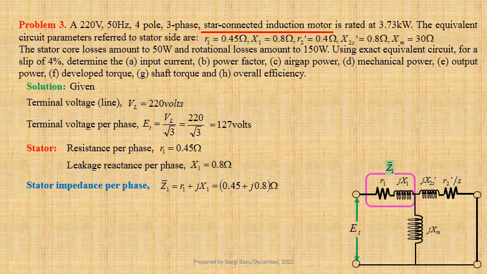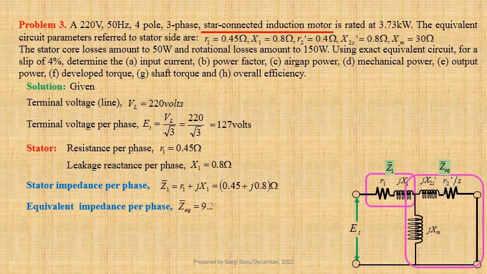We have determined equivalent impedance per phase ZEQ equals 9.294 ohm at an angle 22.574 degree. This may be written in Cartesian form as 8.582 plus j times 3.5677 ohm.